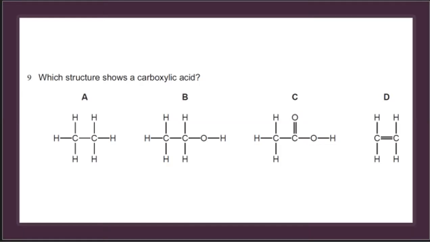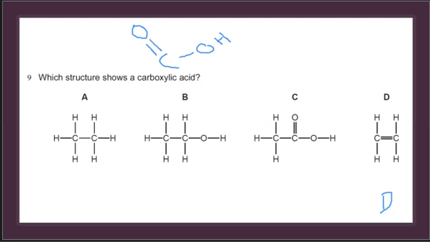All right, question 9. Which structure shows a carboxylic acid? All right, talk to me, guys. What do you think the structure would be that would show a carboxylic acid? Somebody says D as in dog. Remember, the functional group of an acid is C double bond O, OH.